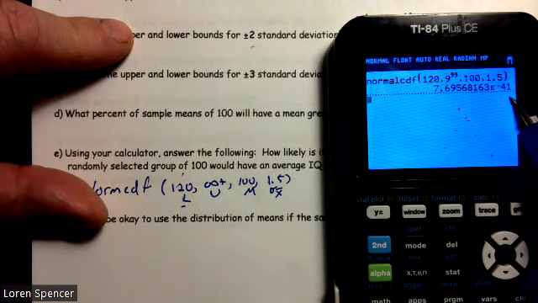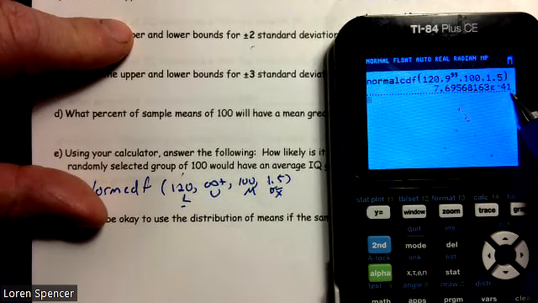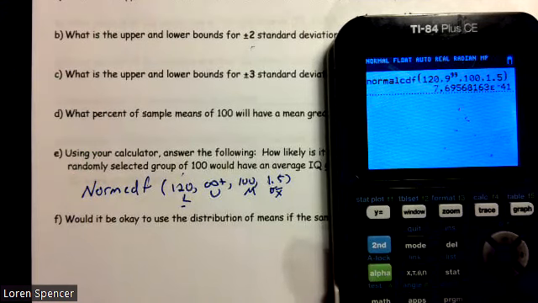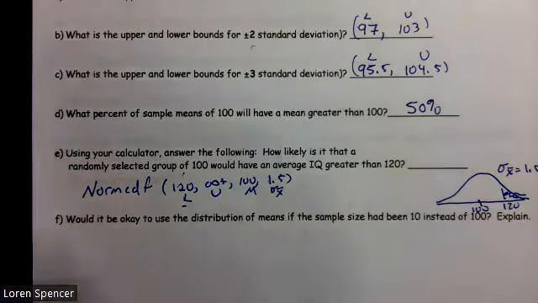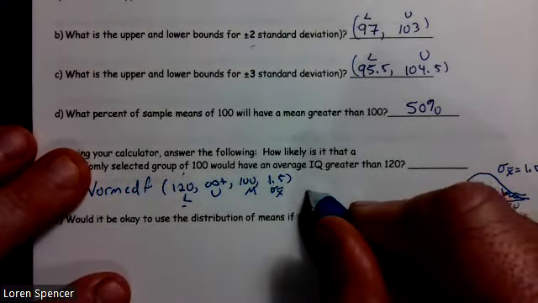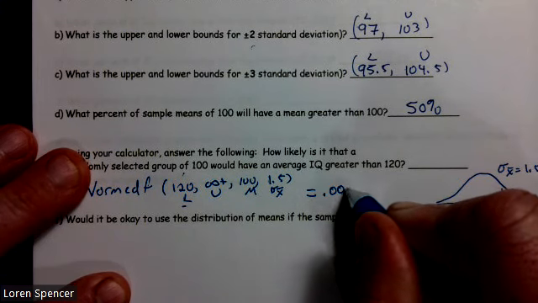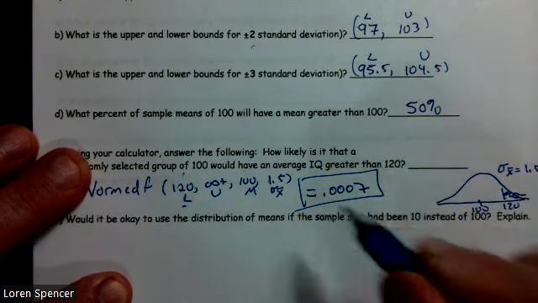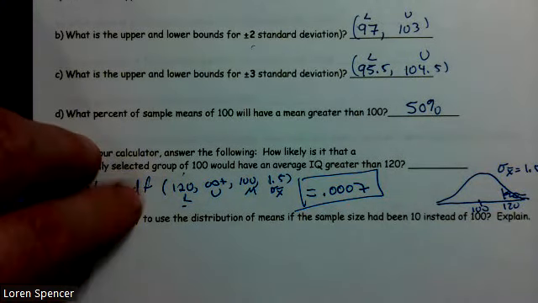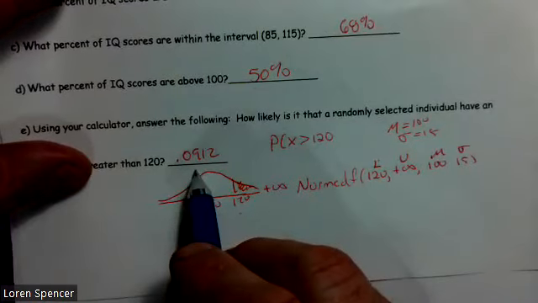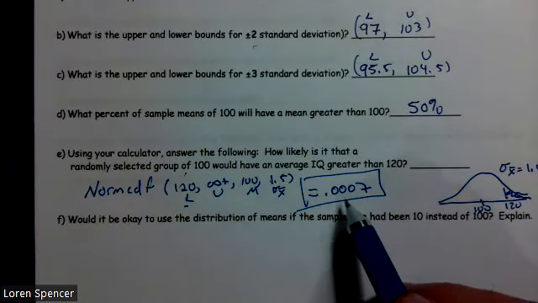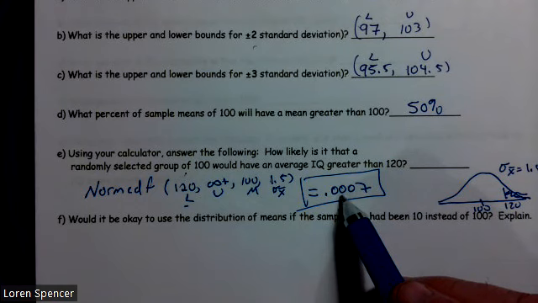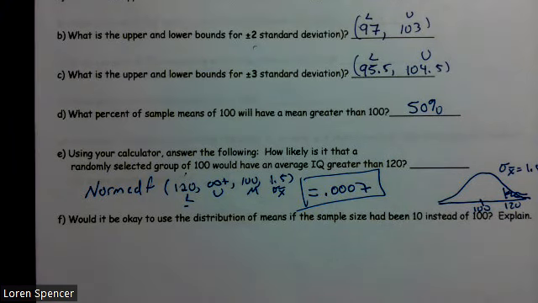And we end up getting, we need 3 zeros in front, so 0.0007. That's much less than 10%. We were at 9% here, 0.09, which is 9%. And this is 0.07%. Very, very unlikely.